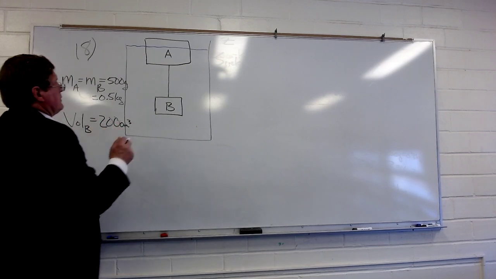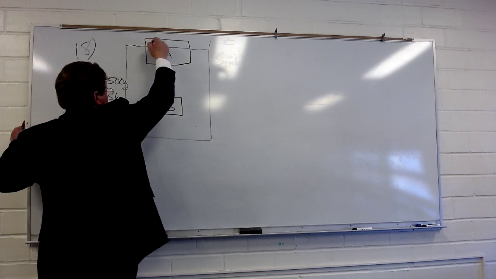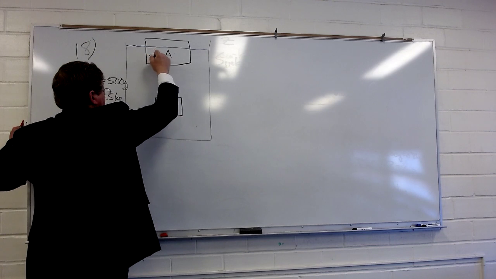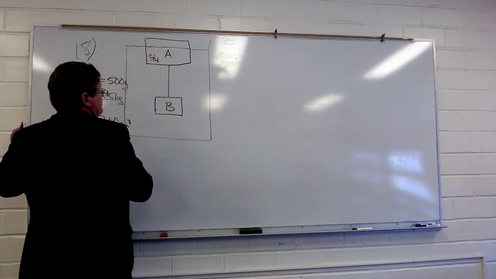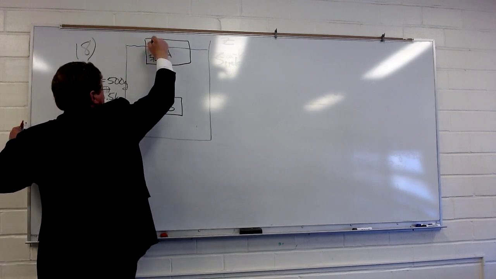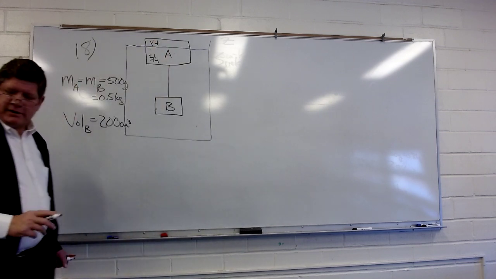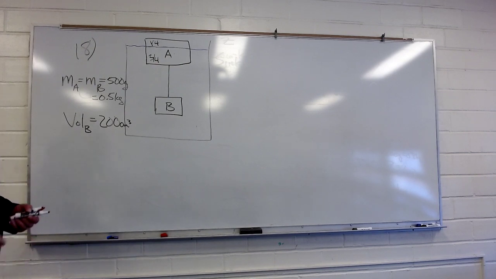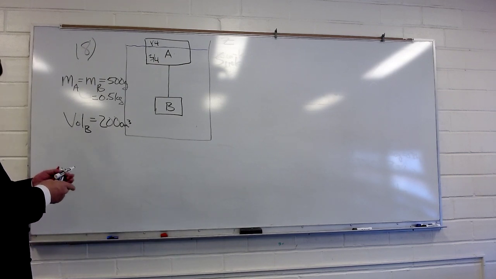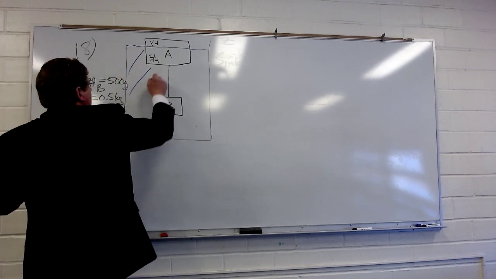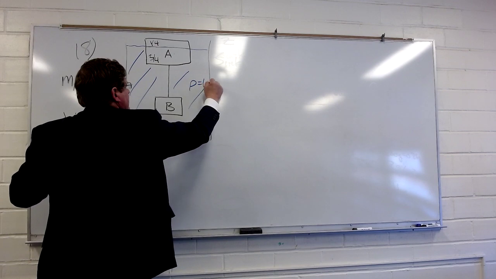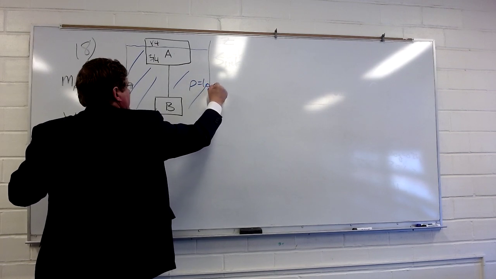And we're also told that block A is floating such that 3/4 is below the surface and 1/4 is above the surface. Okay, that's everything we know so far. Now, again, this is in water, where the density of the water is 1 gram per centimeter cubed.